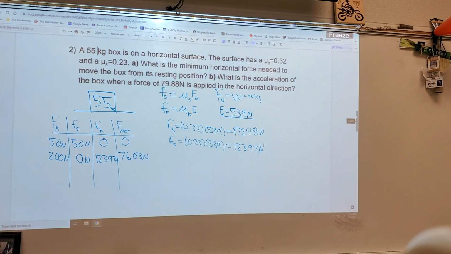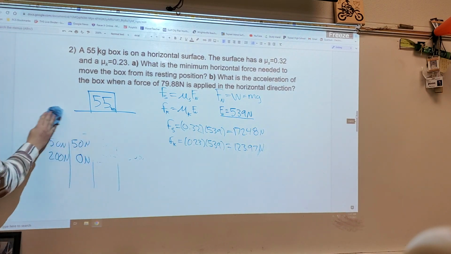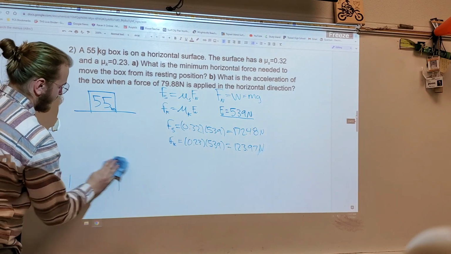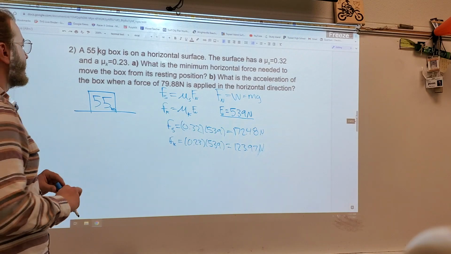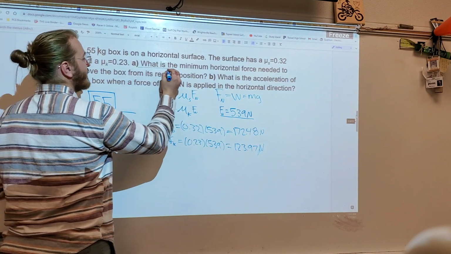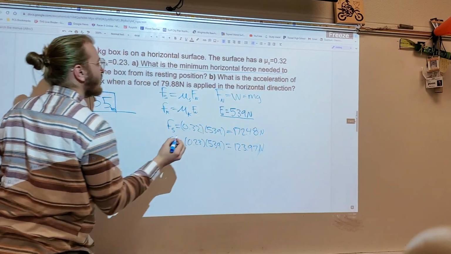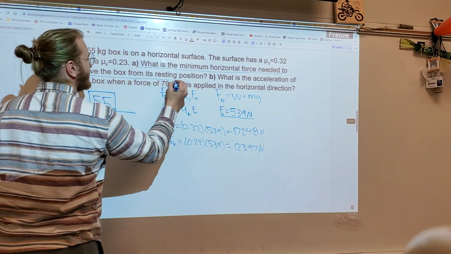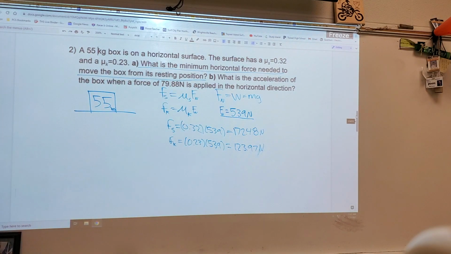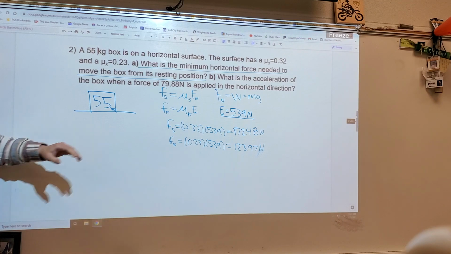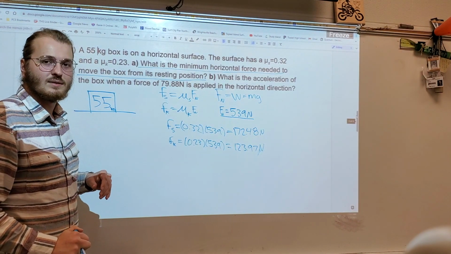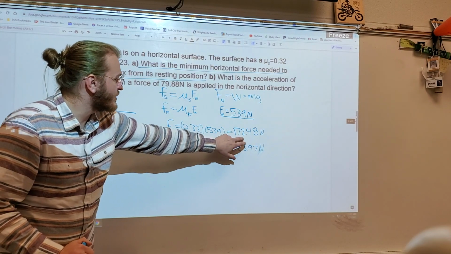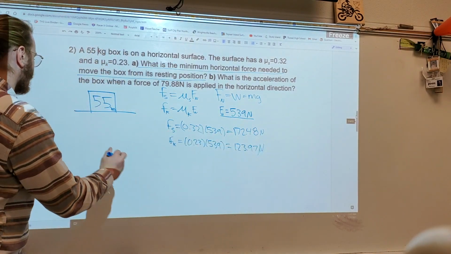Great, so I'm going to erase this, and let's actually look at what the problem's asking us. Let's look at letter A right here. What is the minimum horizontal force needed to move the box from its resting position? Well, we just discovered that in our table. What is that minimum horizontal force needed? You're right, it needs to be 172.48 newtons.